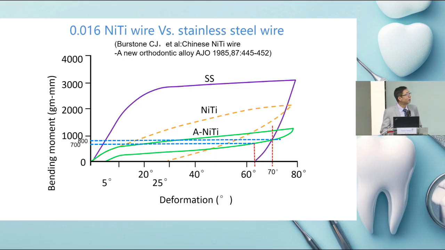That's much more stable than stainless steel wire, right? It means if you use stainless steel wire, you need to reactivate the wire. But for nighttime, you don't need to change. You still have 700 moment on the tooth.